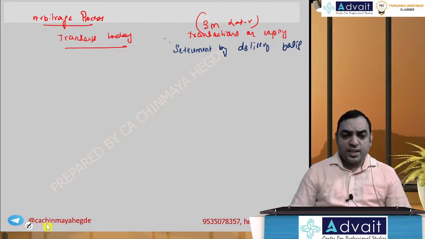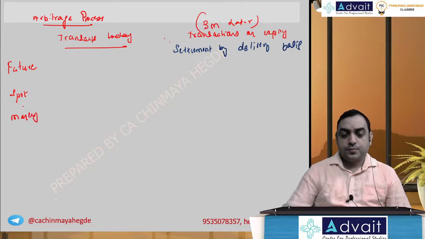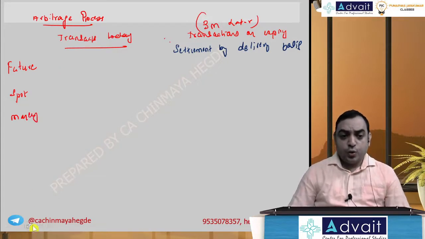I told you 3 markets will be there. In the future market, what do we do? In the spot market, what do we do? In the money market, what do we do? In the future market, I told you we are going to sell.